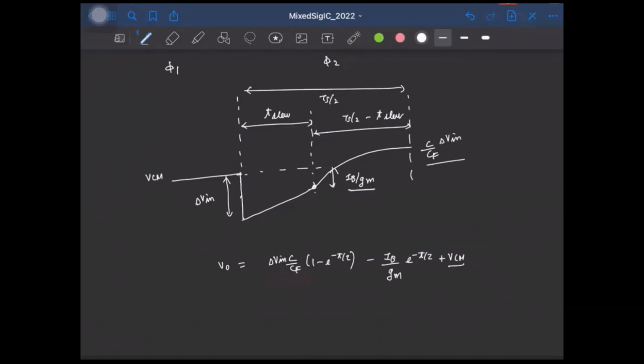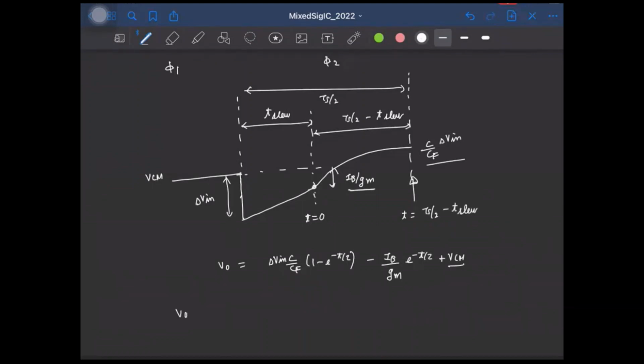So what is the voltage at the end of phi 2, that is at this time instant? If I call this t equal to 0, this will be t equal to Ts by 2 minus T slew.